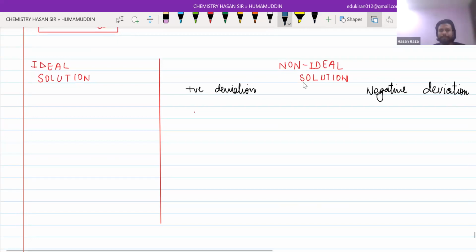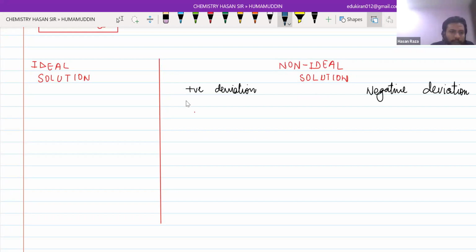It's very simple. First of all, when you are having a binary solution and both the components are similar, that means it is ideal solution. Are you getting my point? Similar, like what?